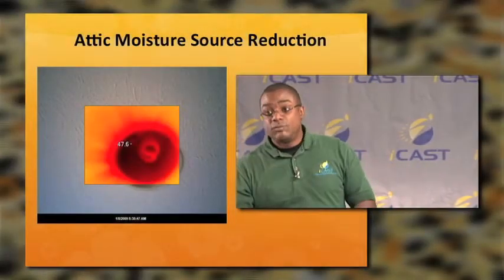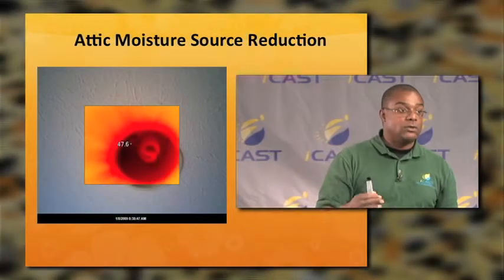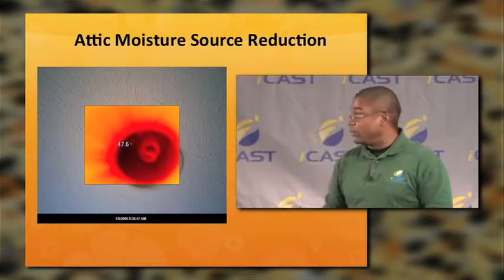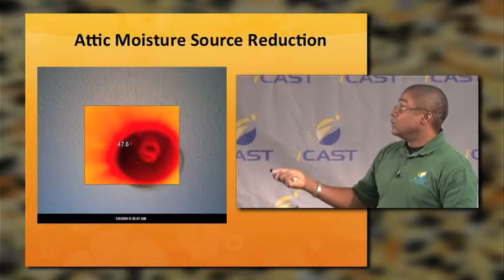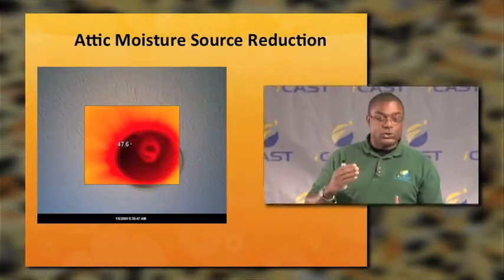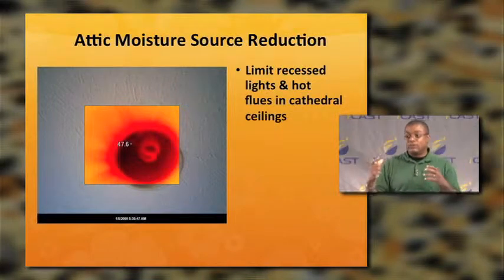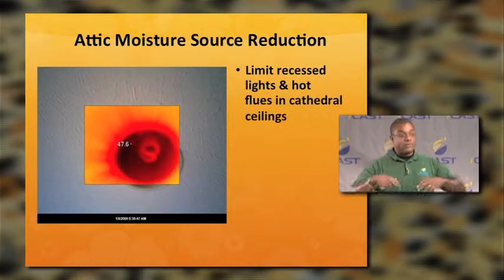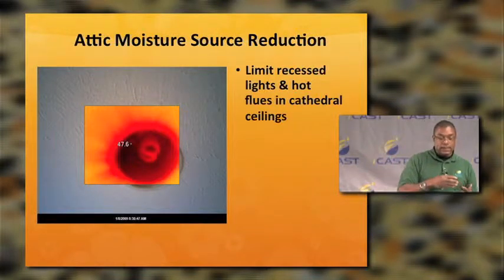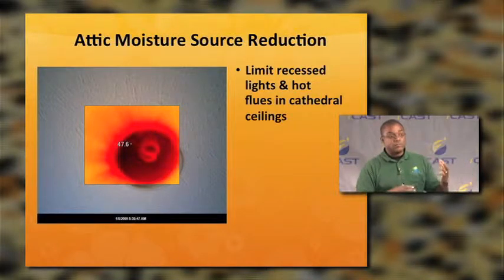A lot of moisture comes into the house through infiltration. We learned that in a different module. So in order to control that moisture, we need to make sure that we limit the amount of moisture or air that's moving in and out of the house around things like can lights, up into cathedral ceilings.